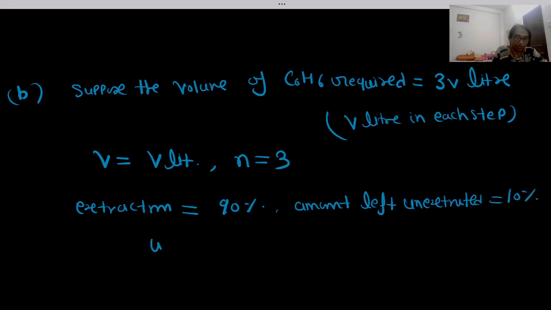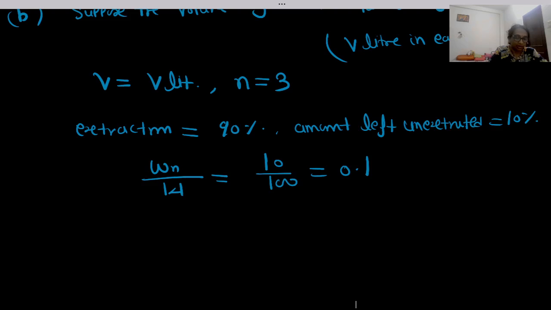So now put this value in the formula, Wn upon capital W, we have the ratio. Now 10 upon 100 again, then you will get 0.1, that is V liter.